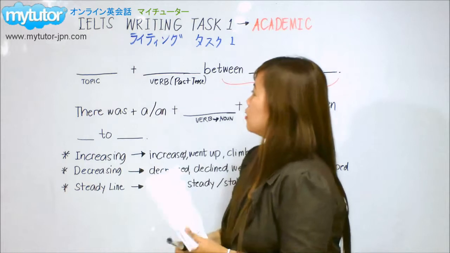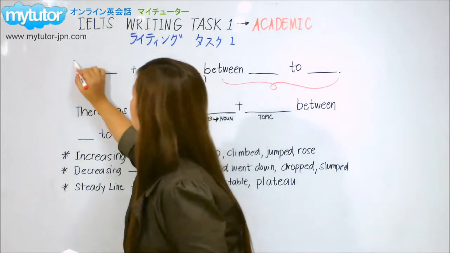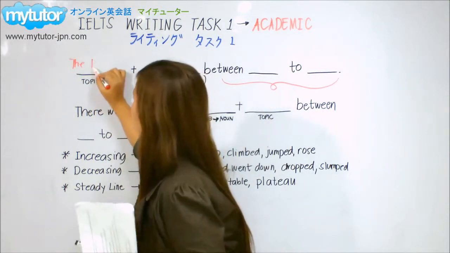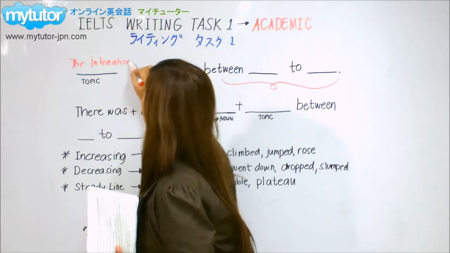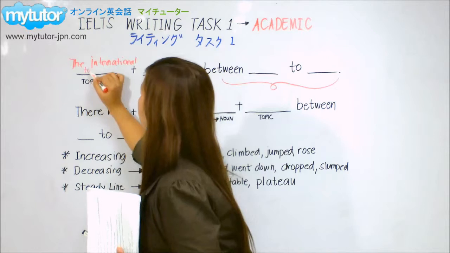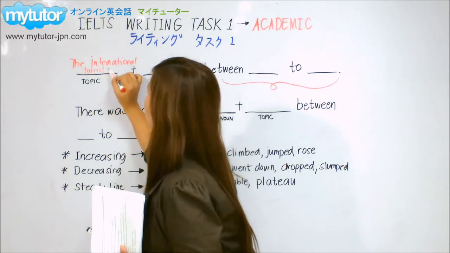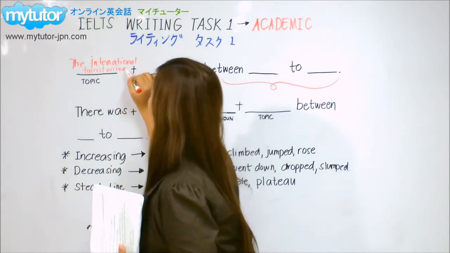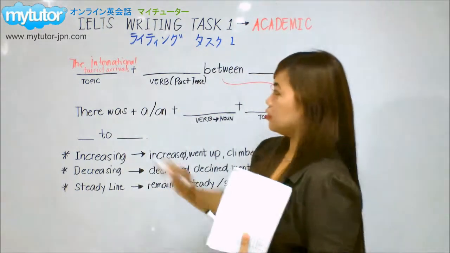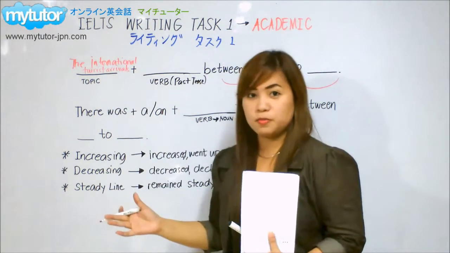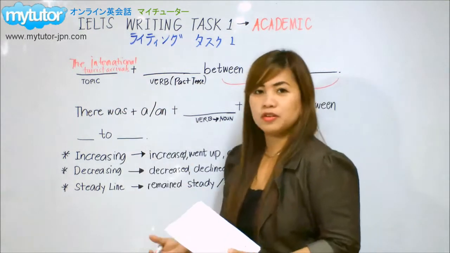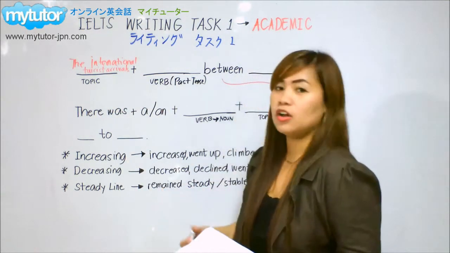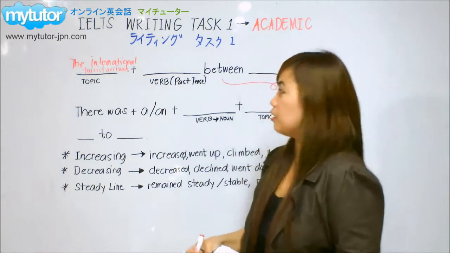For instance, you can say the international tourist arrivals. It could be sales of cars in Japan, or the number of units sold, depending on which one you get.